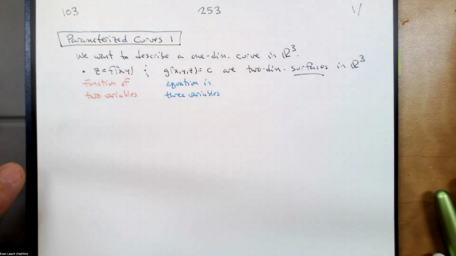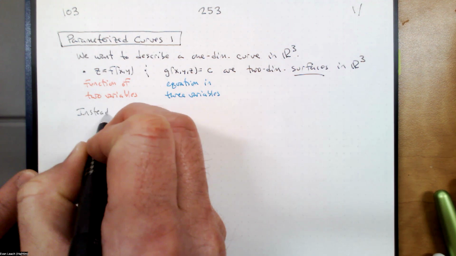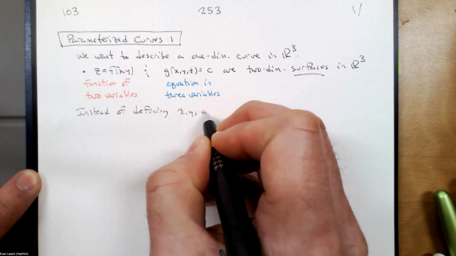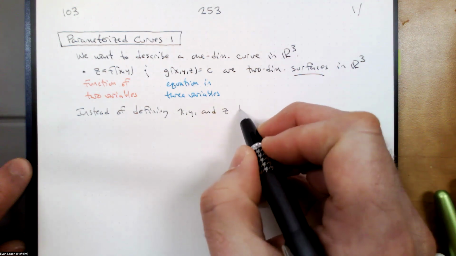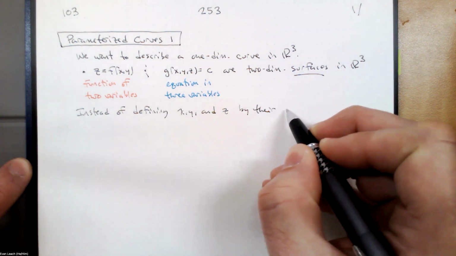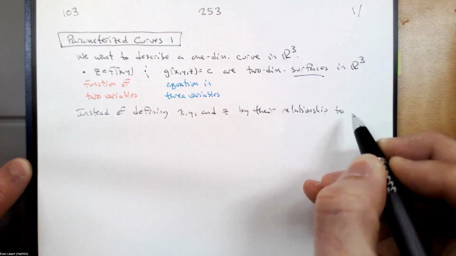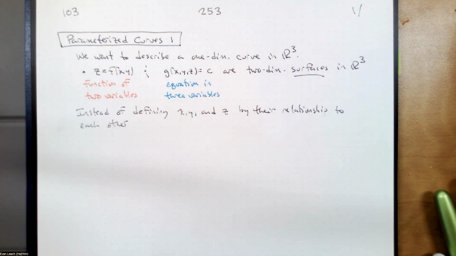So instead of defining x, y, and z by their relationship to each other, for example, in a function or an equation, we're going to define them independently as functions of some parameter.